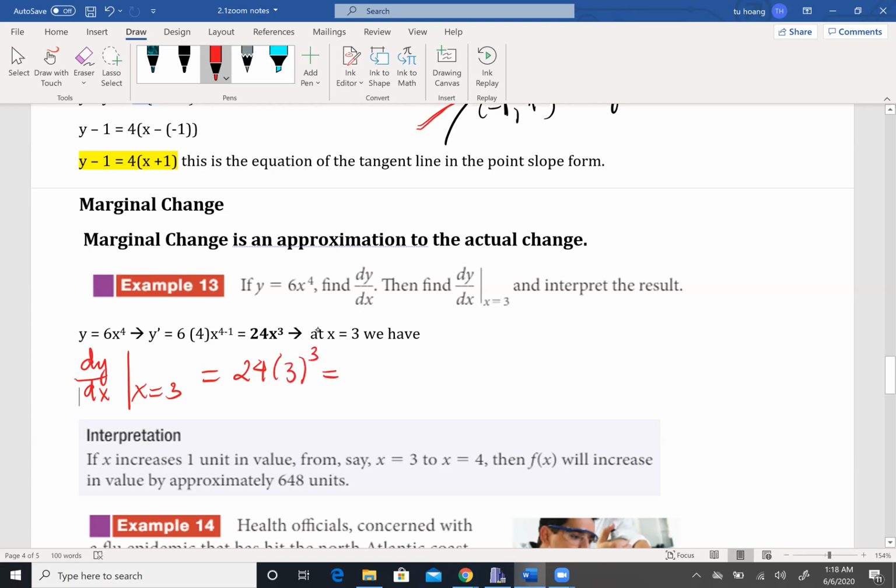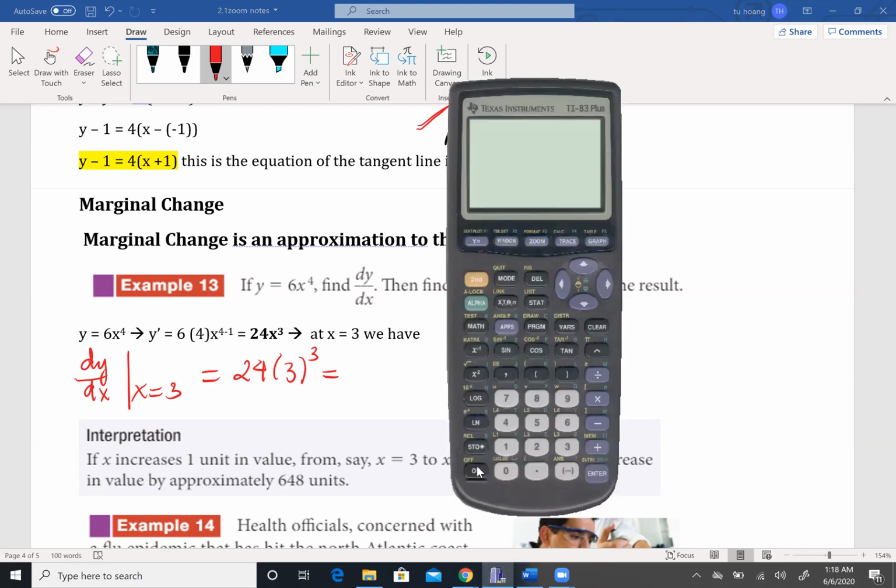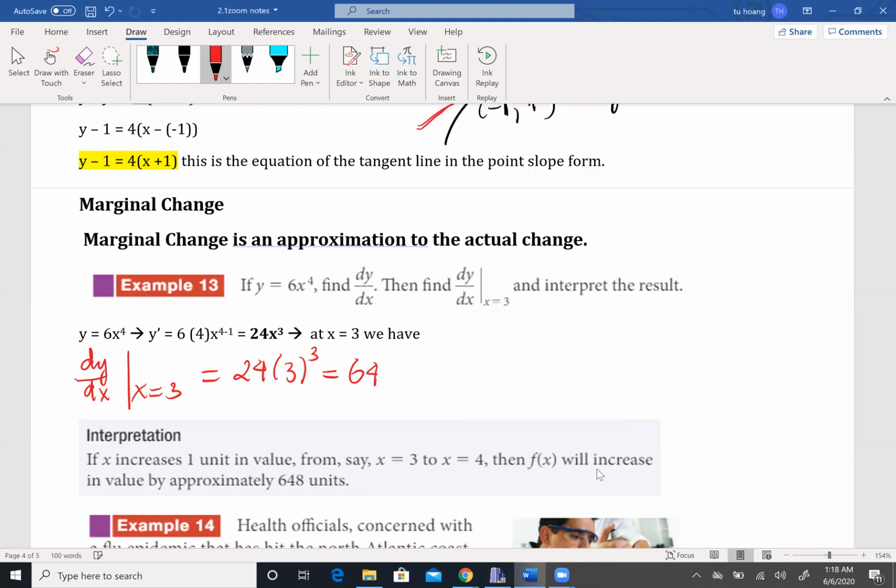So I have this one, I need to use my calculator. 24 times 3 to the power of 3, and then enter. I have 648. So 648 is the answer.